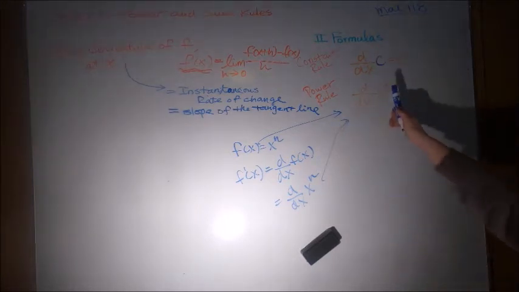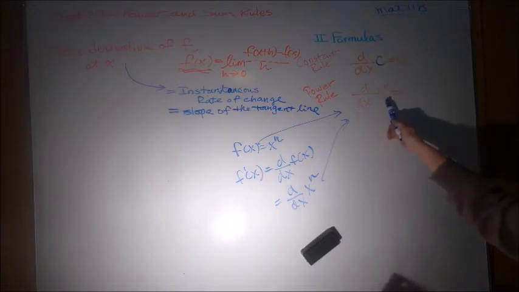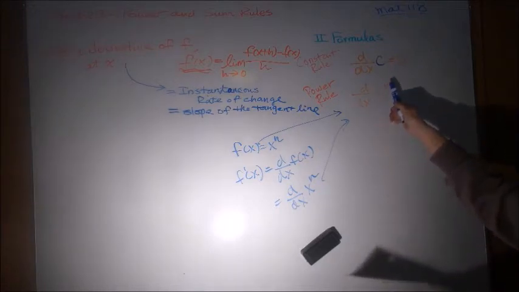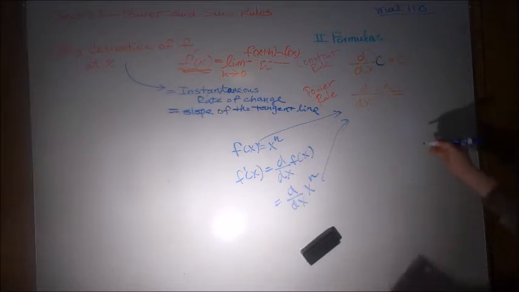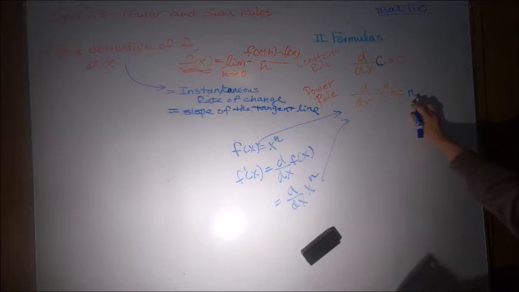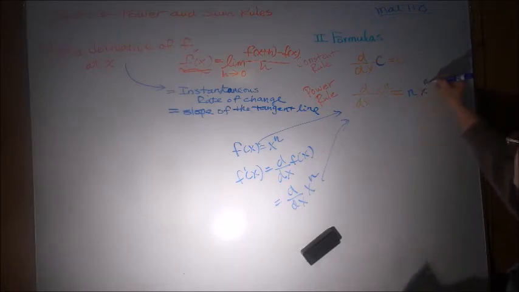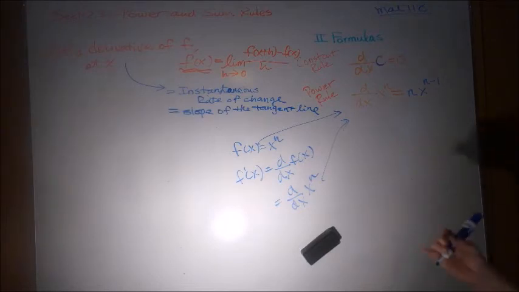It says if you take a derivative of x to the nth power, you put n as a coefficient, then x to the n minus 1 power. You drop 1 power.